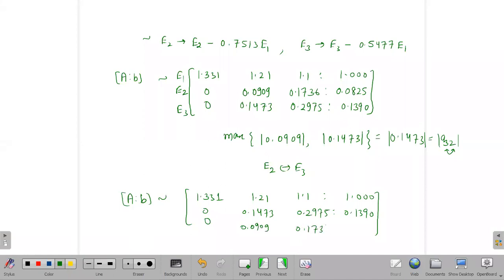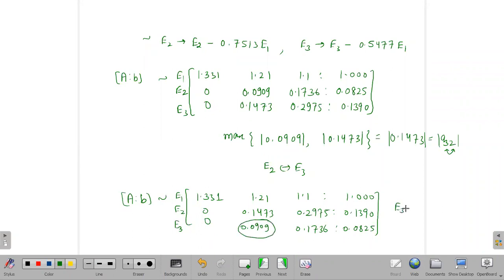If you do one mistake, then all things will be wrong. So write it carefully. So again, this is first row, second row, and third row. Make this element 0.